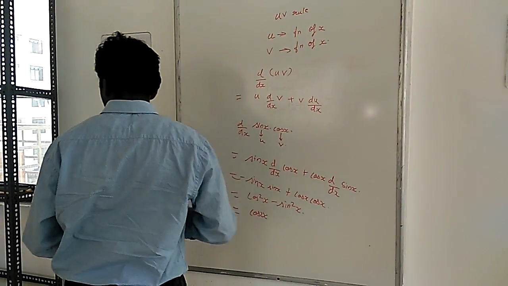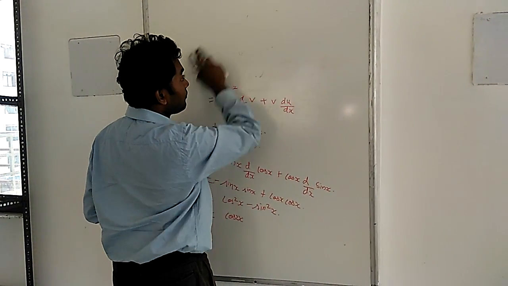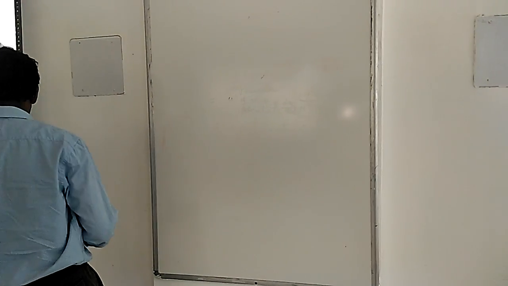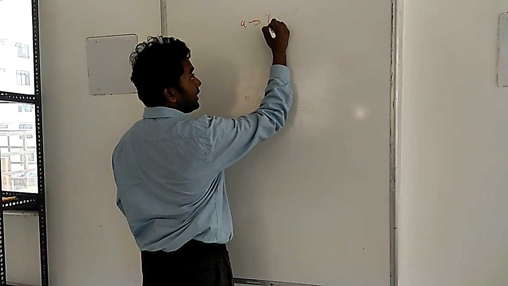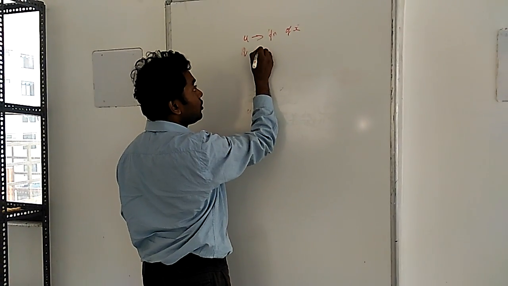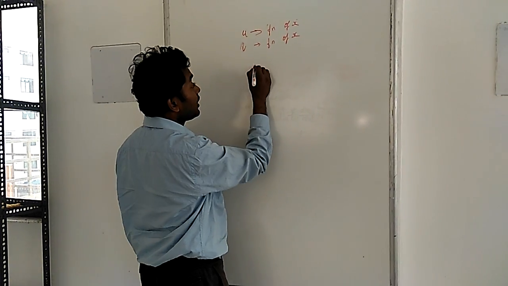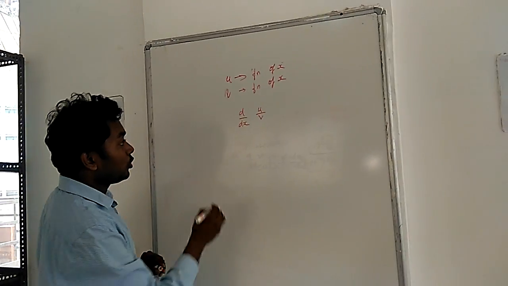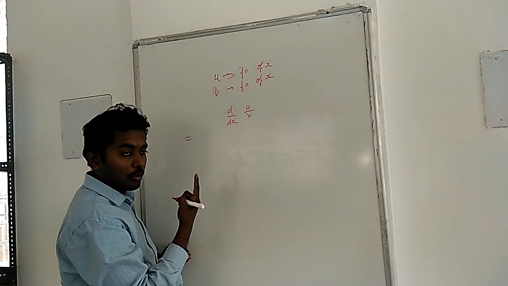So the next rule will be u by v. Again, I will start with the definition. What is u by v? u is a function of x, and v is also a function of x. Then what is d by dx of u by v? The formula says we have to start with the denominator.